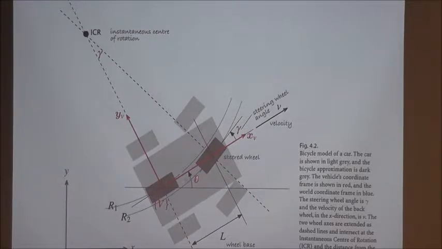The location of the center of the bicycle, let's say at this point, compared to the overall coordinate system O, X and Y are 2 variables, and the orientation theta is the 3rd variable.